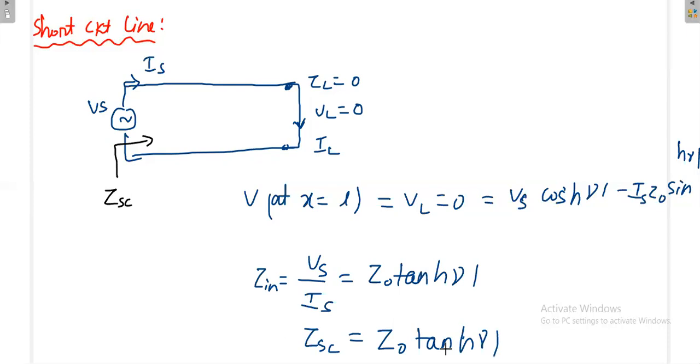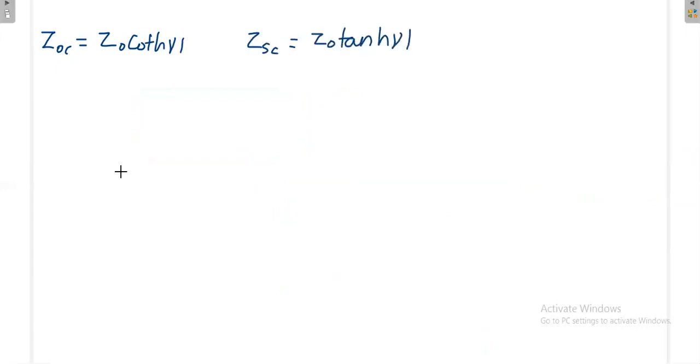So finally, what is the short circuit impedance and what is the open circuit impedance? Open circuit impedance ZOC is equal to Z naught coth gamma L, and short circuit is equal to Z naught tanh gamma L. Now the confusion arises in future whether for open circuit cot comes or for short circuit cot comes, these get interchanged.